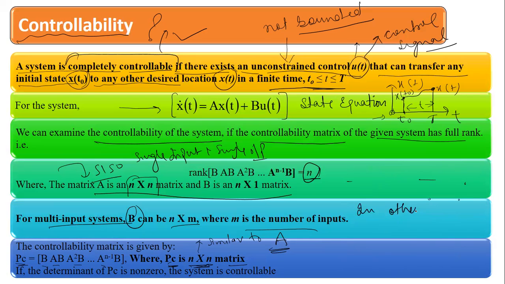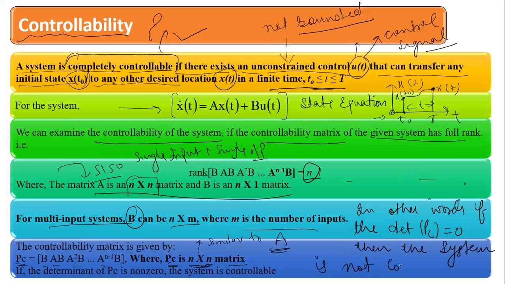In other words, if the determinant of PC is equal to zero, then the system is not controllable, right? So this was about controllability.